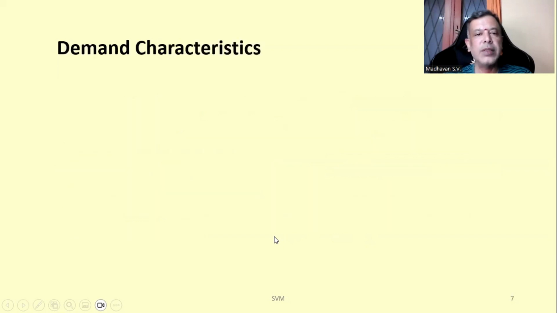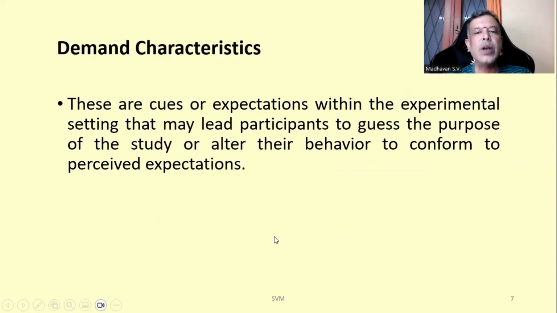Demand characteristics. These are cues or expectations within the experimental setting that may lead participants to guess the purpose of the study or alter their behavior to conform to perceived expectations. For example, the participants may get some hint that the researcher expects so and so as the result.